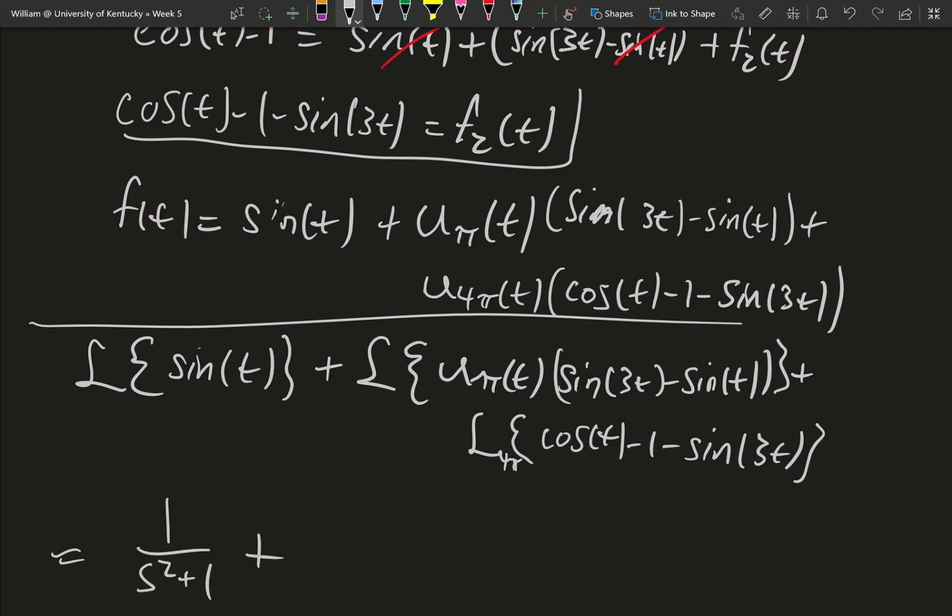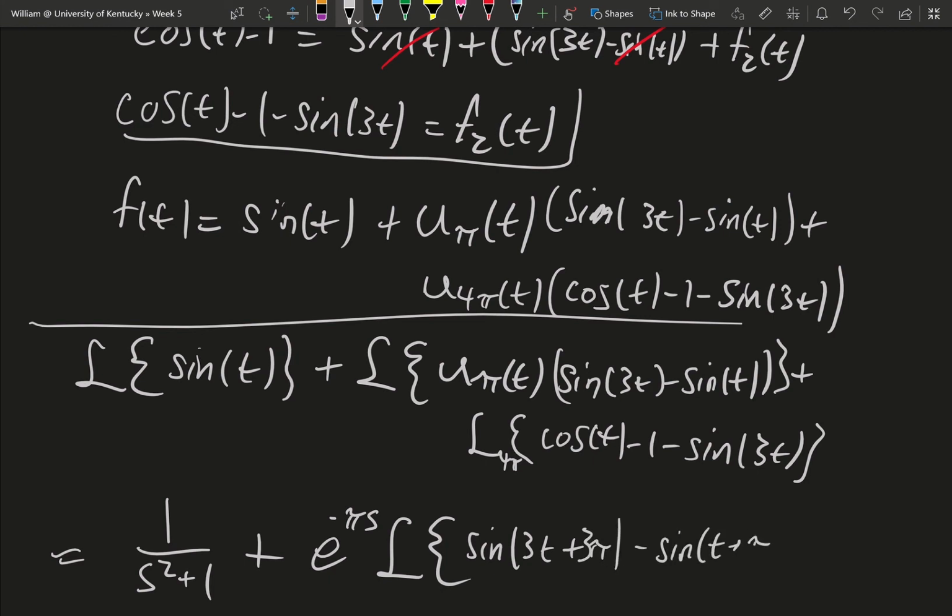This second term, we have e to the negative pi s times the Laplace transform of sine of 3t plus 3 pi minus sine of t plus pi.